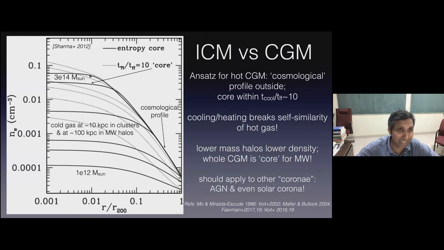So this is partly the reason that galaxy clusters emit so profusely in X-rays, whereas lower mass halos like the Milky Way or even groups do not emit as much, because their hot gas densities are lower. Of course, their volumes and masses are also lower, but the density is also low.